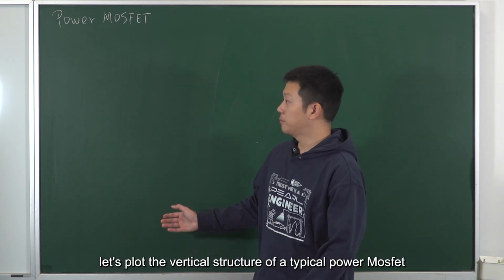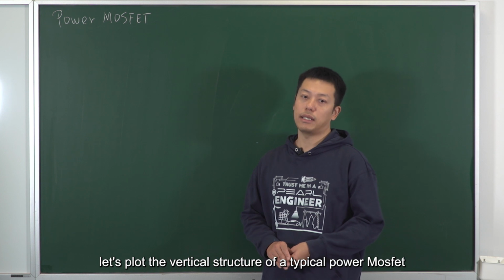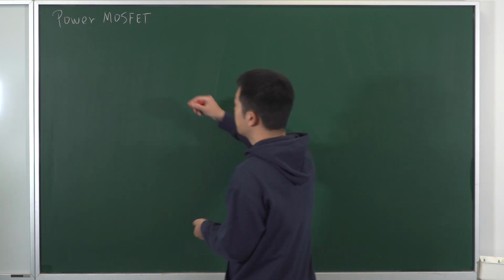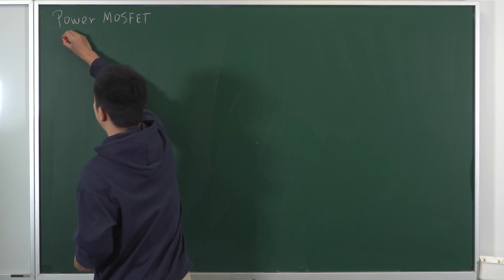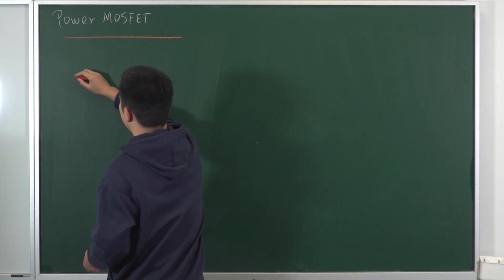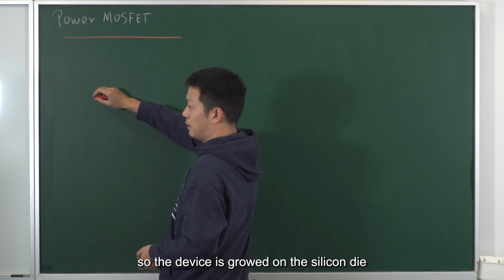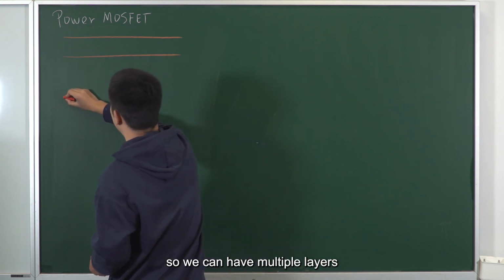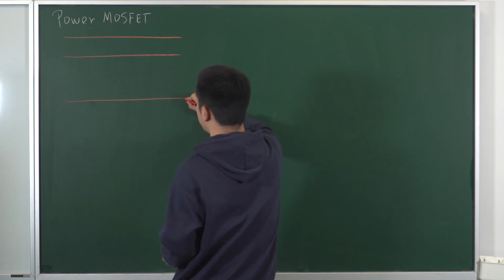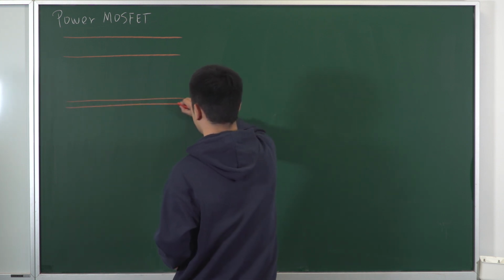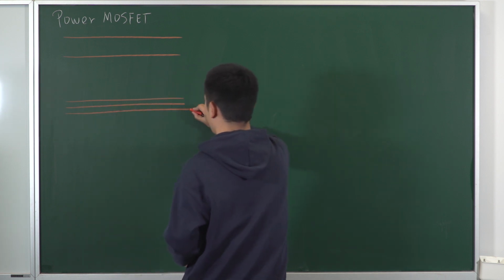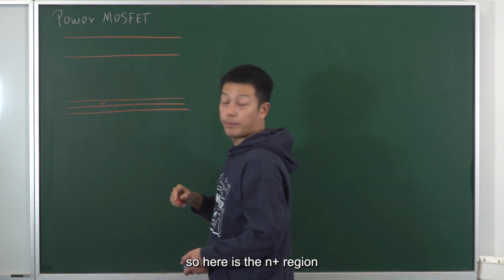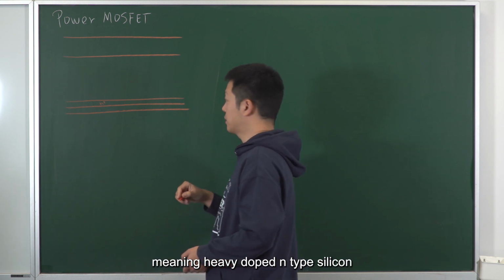So first, let's plot the vertical structure of a typical power MOSFET. So the device is grown on the silicon die, right? So we can have multiple layers. So here is the N+ region, meaning heavily doped N-type silicon.